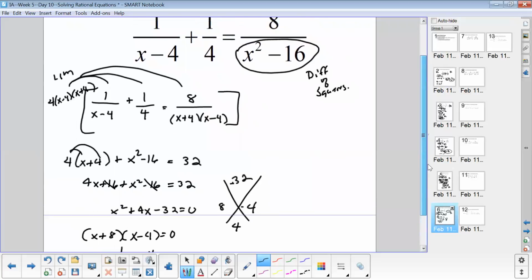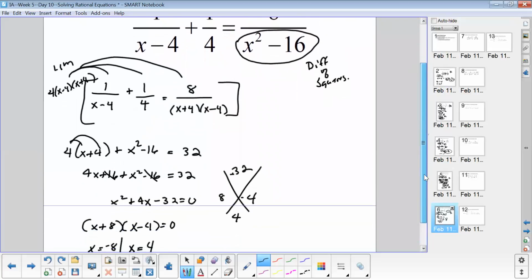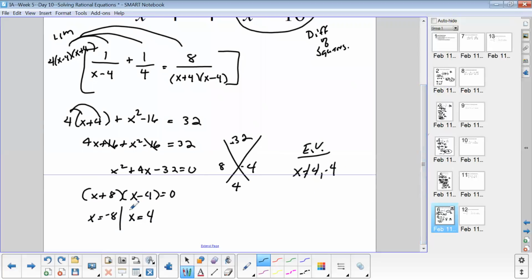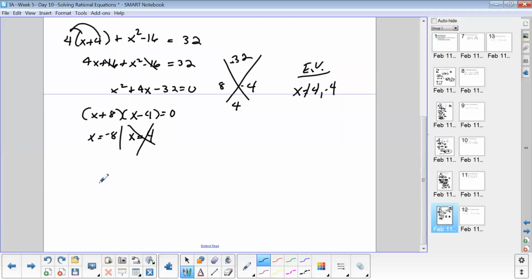Now, if I go back and look at my excluded values, remember, this is a difference of squares, so x can't be 4 and it can't be negative 4. But if you notice, one of the solutions here is x equals 4. Well, I can't have that, so that becomes an extraneous solution. And then I want to check and see if negative 8 would work.